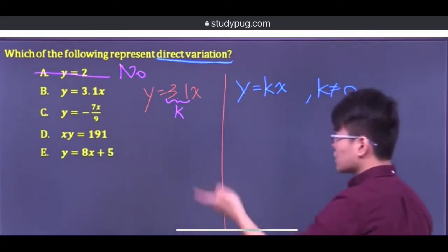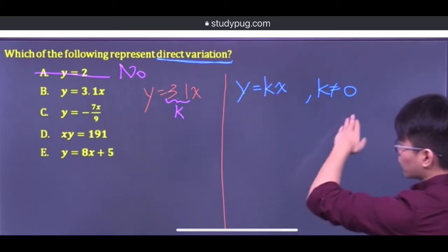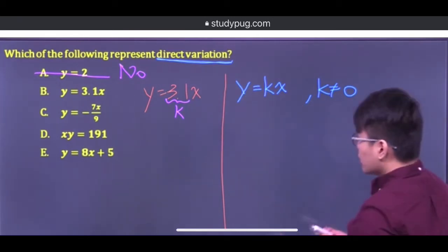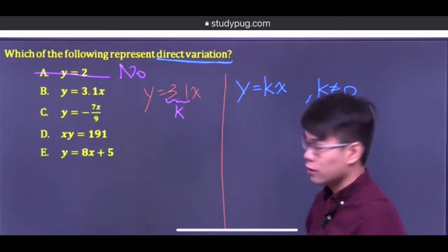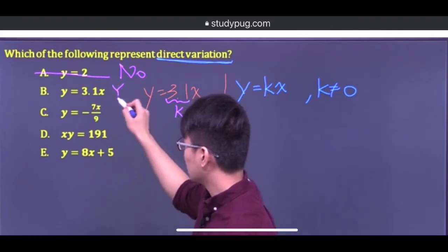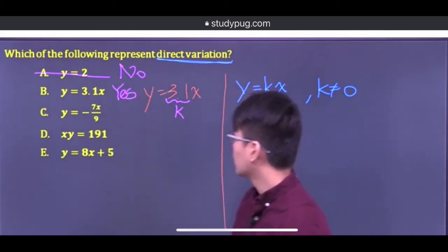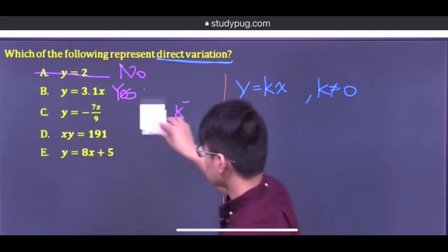Obviously not, k is 3.1. It's a positive number, and that satisfies our conditions. So we have y equals k times x. It matches with our right side. This is representing direct variation, so B is a direct variation.